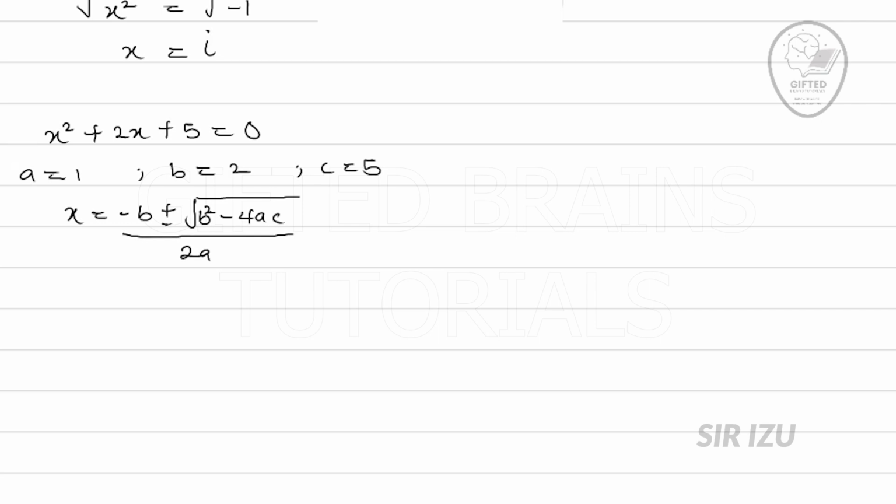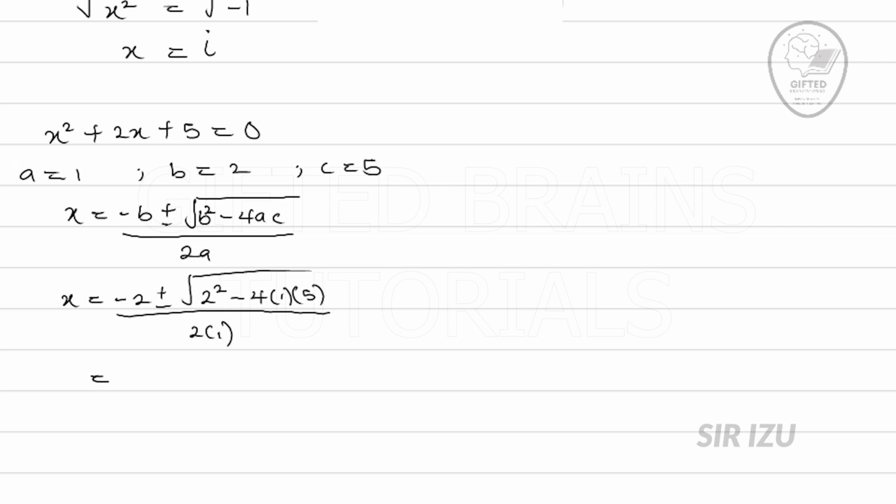If you put your values of a, b, and c into this, we have minus 2 plus or minus square root of b squared, which is 2 squared, minus 4 multiplied by a, which is 1, and multiplied by c, which is 5, everything all over 2 times 1.